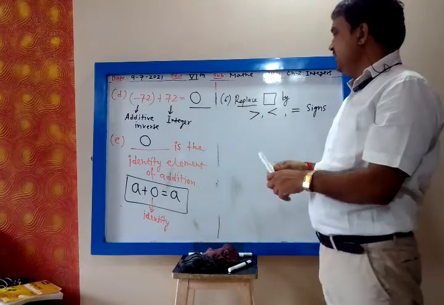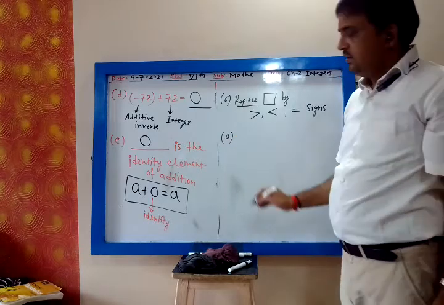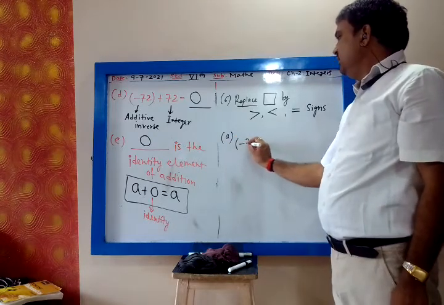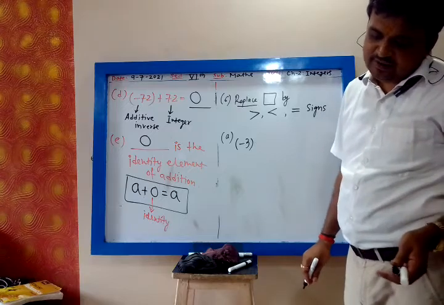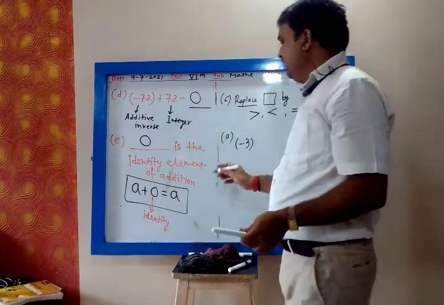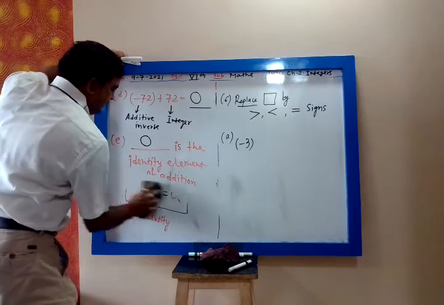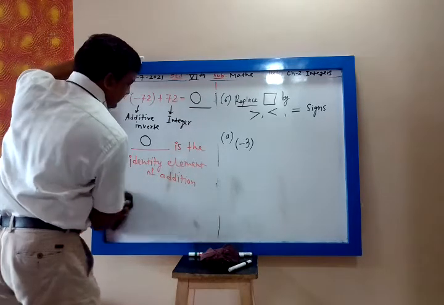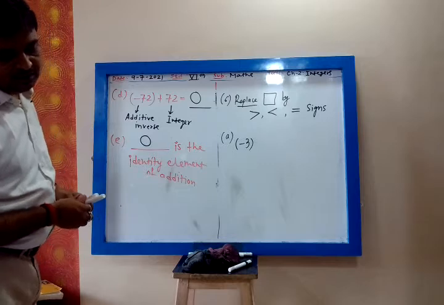Now let us see the first one, A. F is not there. Okay, F is there. Let me write F below. F is the identity element of addition.